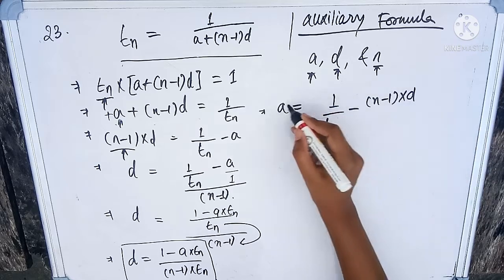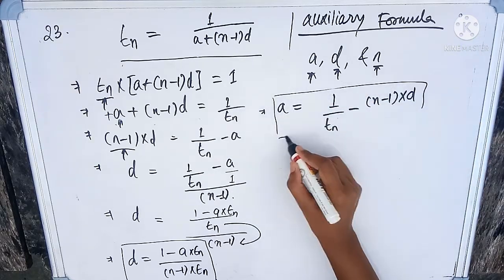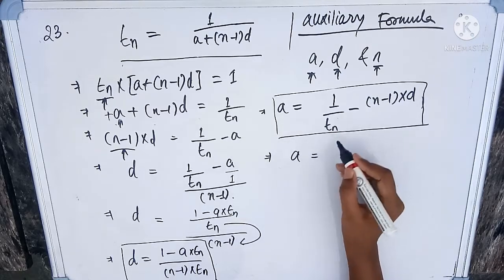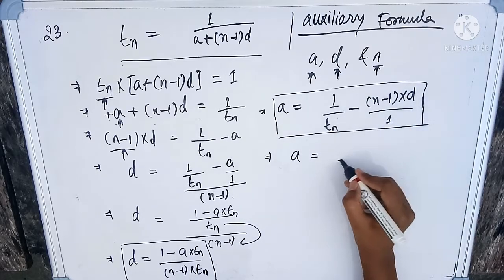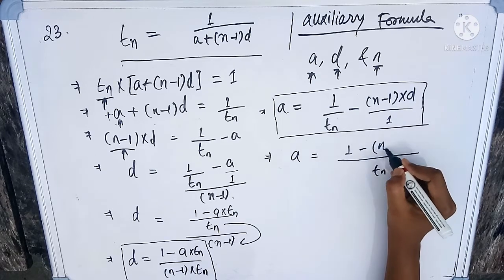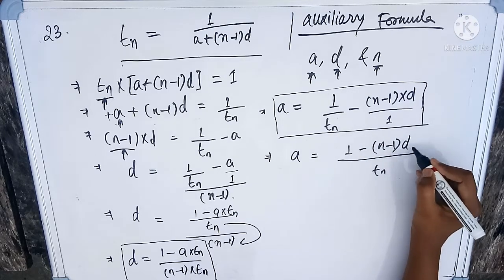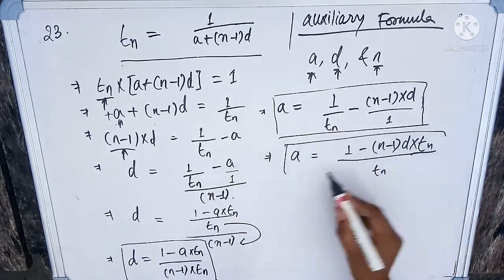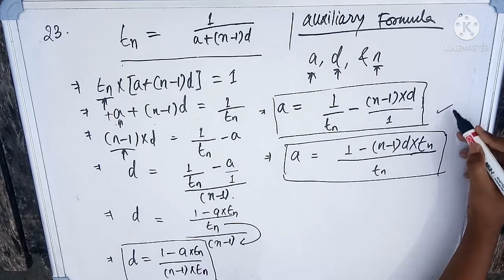Now here we can write this as also the formula of a. But if you want to solve further, then you can write it by taking the LCM of this. So here the LCM will be t of n, and we have 1 minus n minus 1 multiplied by d, divided by t of n. So you can write it as the formula of a, either this or this.